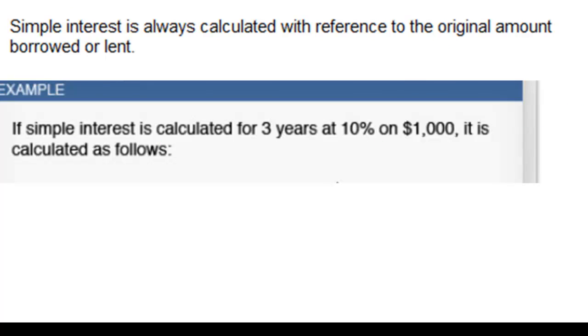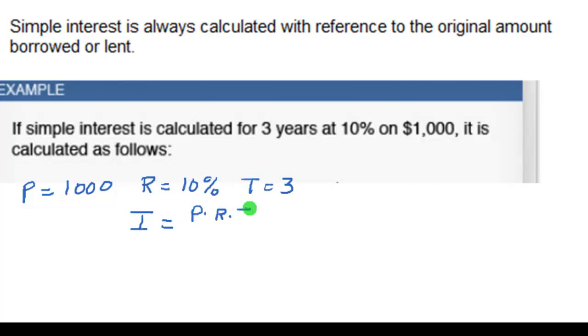It says, if simple interest is calculated for 3 years at 10% on $1,000, how do we calculate that? Okay, well, our principal is 1,000. Our rate is 10%. Our time is 3. And so our simple interest is principal times rate times time over 100.